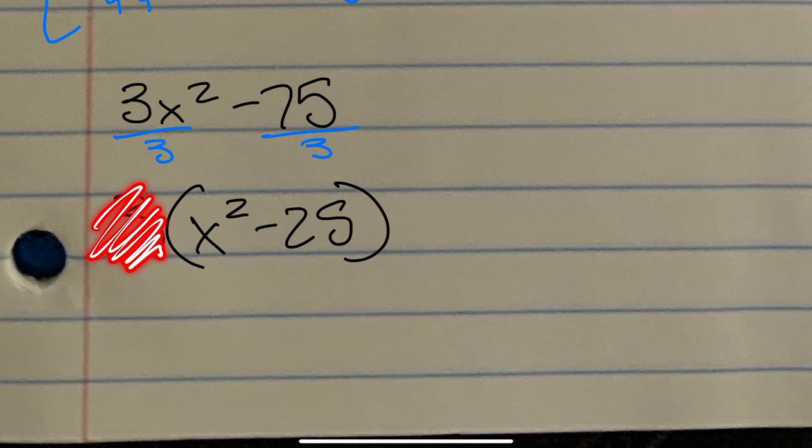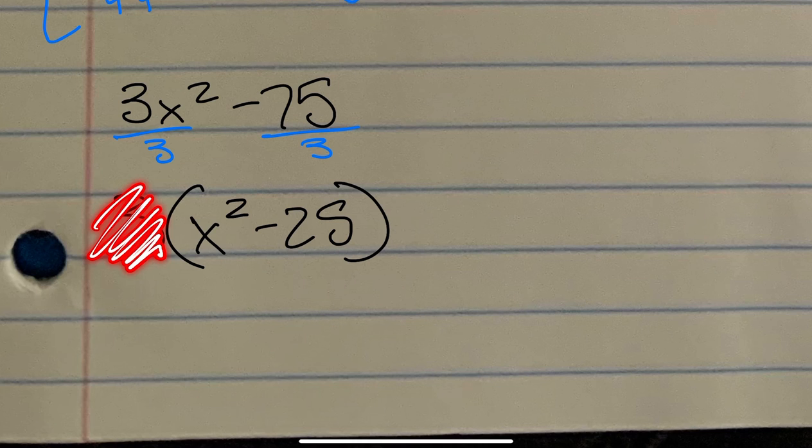I don't need to write a 1 though, so I'm just going to have x squared. And then 75 divided by 3 is going to be 25. And if you're not sure, just use a calculator. Cool. All right, so if we ignore this 3 for a second, we have x squared minus 25.